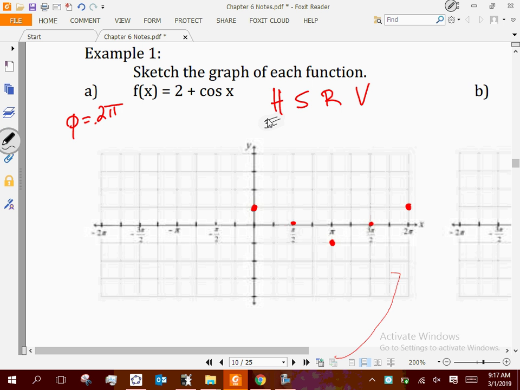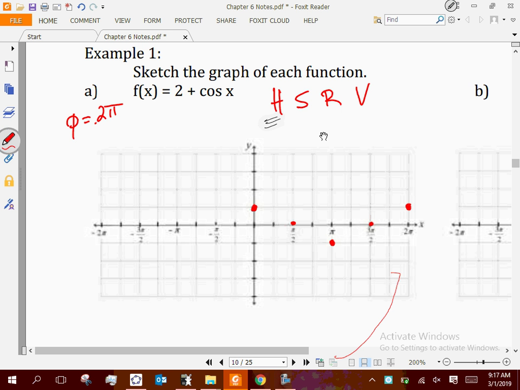So if my x-axis is my axis of reflection, and I shift up 2 units before I do my reflection, instead of reflecting across the x-axis, I reflect across the line y equals 2. And that's a messy thing to think about and keep straight. So if we go HSRV, it automatically takes care of that, and you never run into that issue.